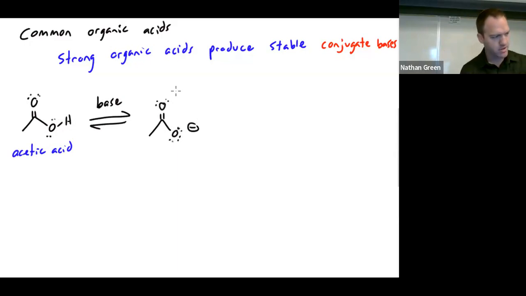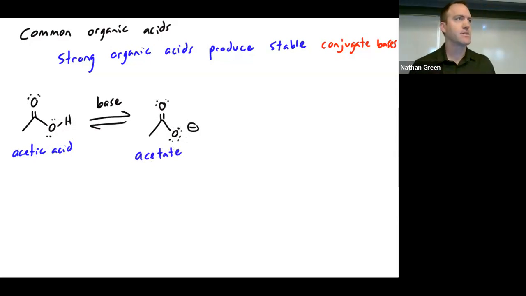And it will form this molecule, which is called acetate, but I don't expect you to know that just yet. The ate ending is typically how we refer to negatively charged ions, or what we call anions.